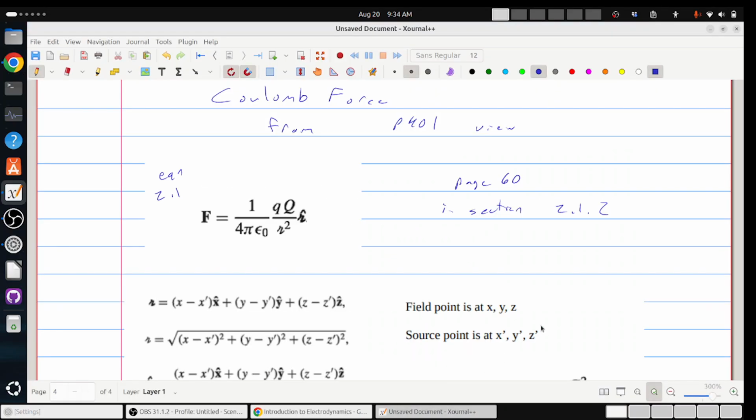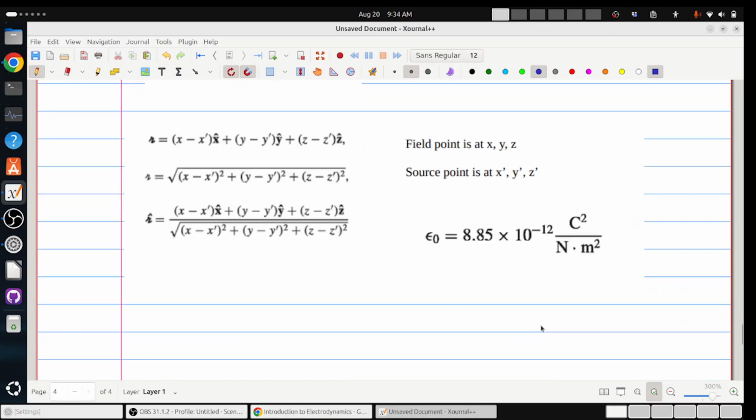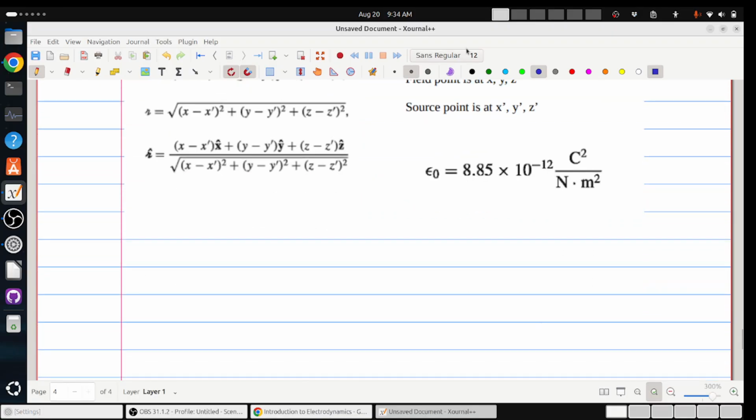But we saw back in our general physics that K is actually equal to 1 over 4 pi epsilon naught. We didn't introduce epsilon naught until later on when we were starting to do Gauss's law.